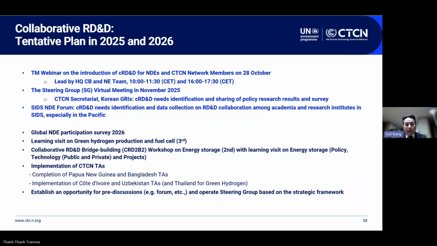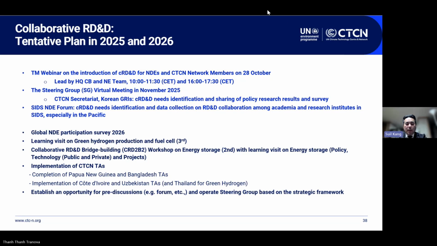Also, as approved by the advisory board in the September meeting, we will host a learning visit on green hydrogen this year again, and also a cRD2B2 workshop on energy storage, and hopefully also a learning visit on energy storage together.